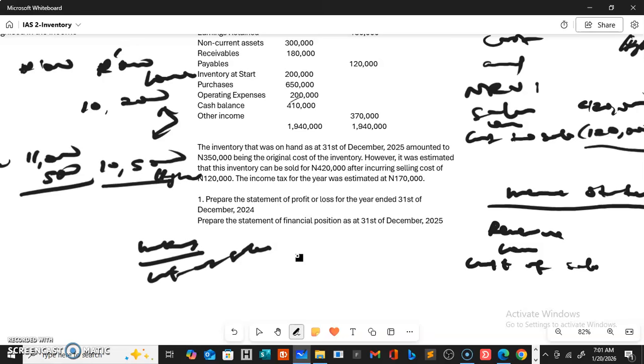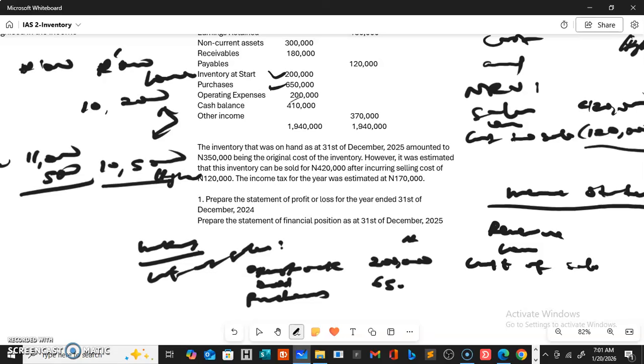So we have the opening stock. The opening stock in the question, the inventory at start, is 200,000. Add purchases. The purchases is 650,000 as well, we can see here.